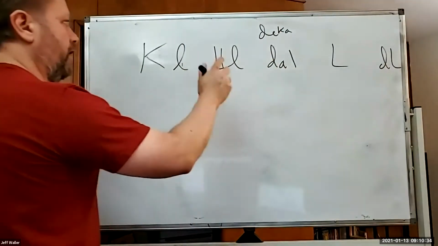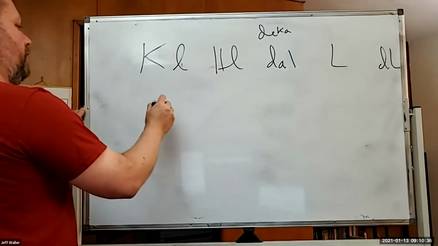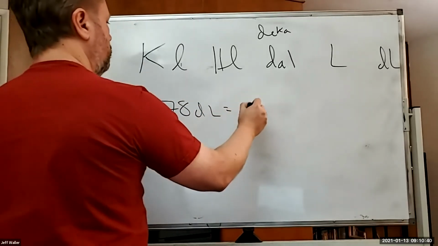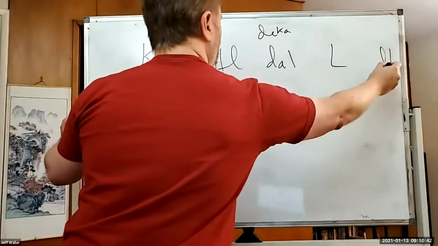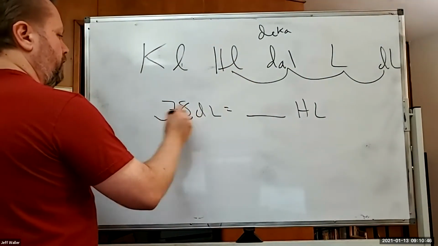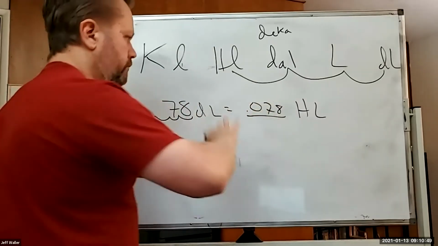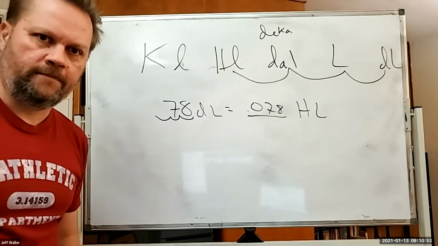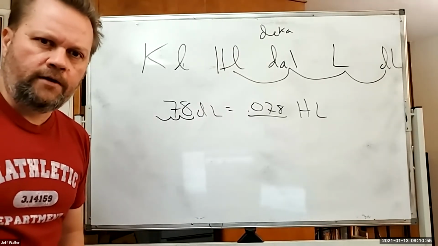Good job, Jeff. And I want to go from, I got like 78 deciliters, and I want to go to hectoliters. 1, 2, 3. 1, 2, 3. 0.078. Done. Next. Right? That's all it is.